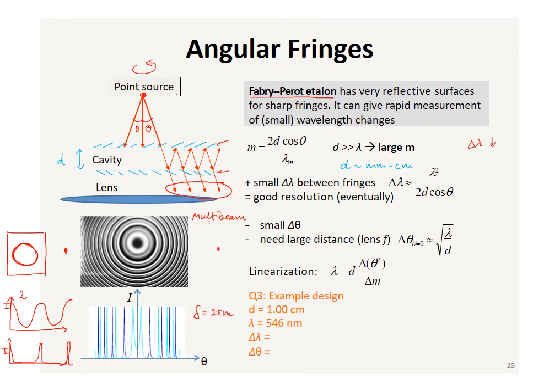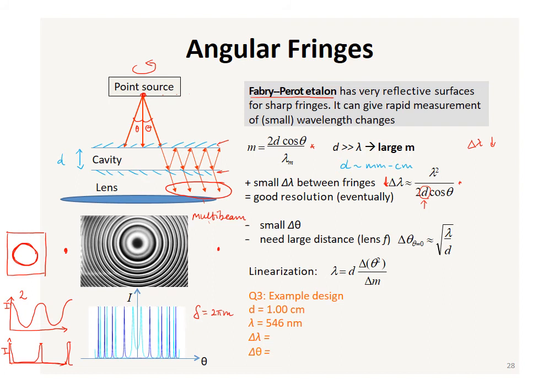If we take this expression here and we differentiate with respect to wavelength, we'll get this expression, and we can see that in order to reduce this delta lambda, that is to improve our resolution, we want to increase the denominator, which we're going to do by increasing d.